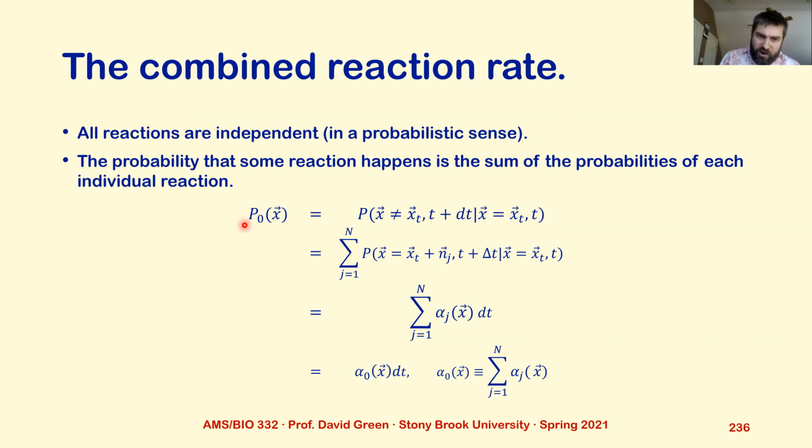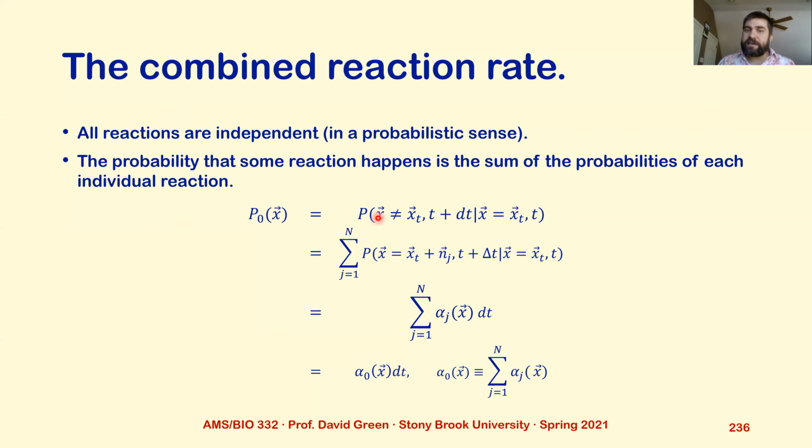I'm going to call this P0 of X. P0 of X is the probability that at t plus delta t, X is no longer the same value that it was at x of t. That is, the state has changed. Something has happened. A reaction has occurred.